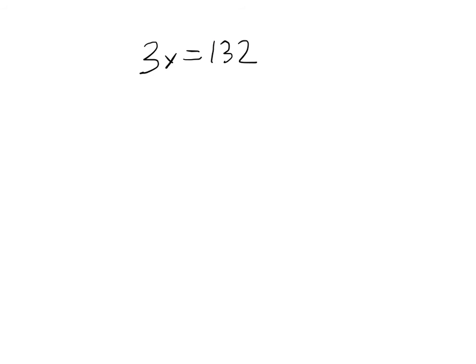Another way that you can do this instead of dividing is also by multiplying by the reciprocal. So in this instance, I have 3x equals 132. I want to isolate the x, and instead of dividing by 3, I can multiply by 1/3. And 1/3 times 3 over 1, that will equal 1x equals, now I have to do the same thing over here, will equal 132 over 1 times 1/3.